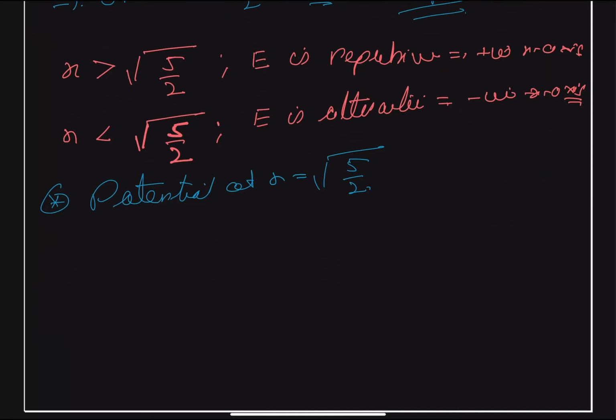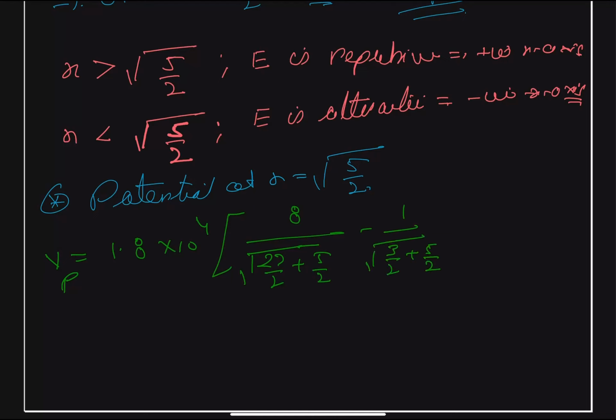We get that our V of P will be equal to 1.8 into 10 to the power 4, and this comes as our 8, 27/2 plus 5/2 minus 1 upon 3/2 plus 5/2. So we get our VP is approximately equal to 2.7 into 10 to the power 4 volts.